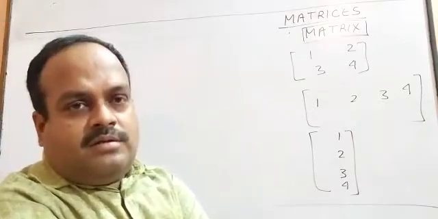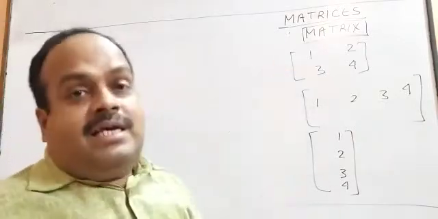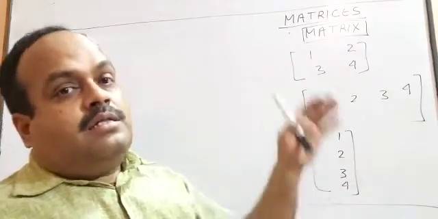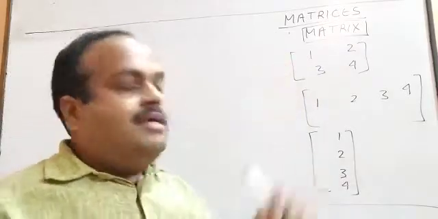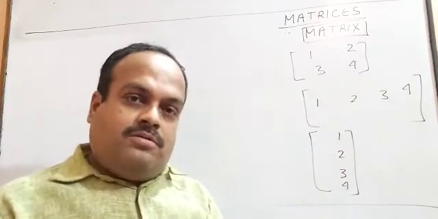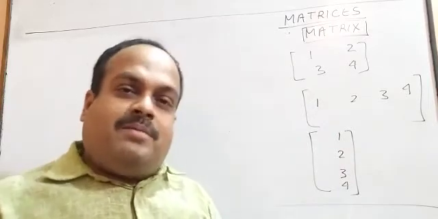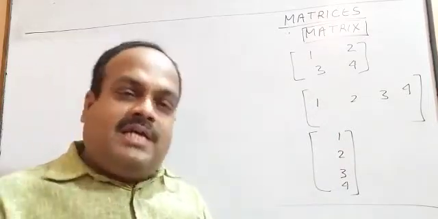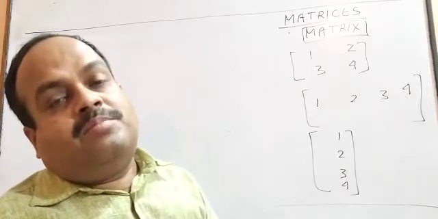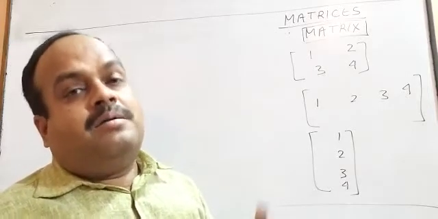Now let us see the number of rows and columns in it. As I told you, when we arrange the numbers in rows and columns, then only that arrangement is called matrix.